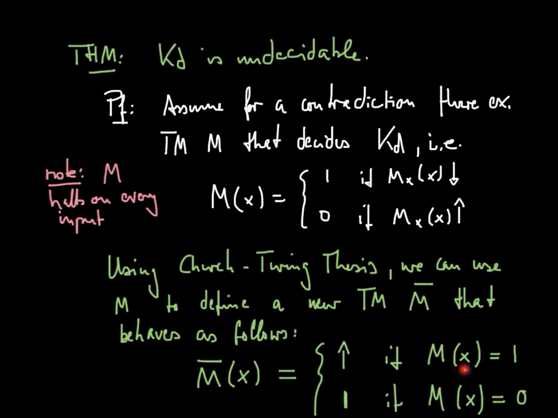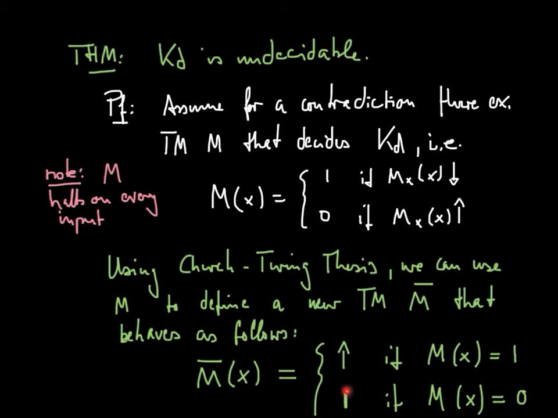The machine simulates M on input x, and once M outputs 1 on input x, it just enters an infinite loop. If, on the other hand, M of x is 0, so M outputs 0 on input x, it just outputs 1.